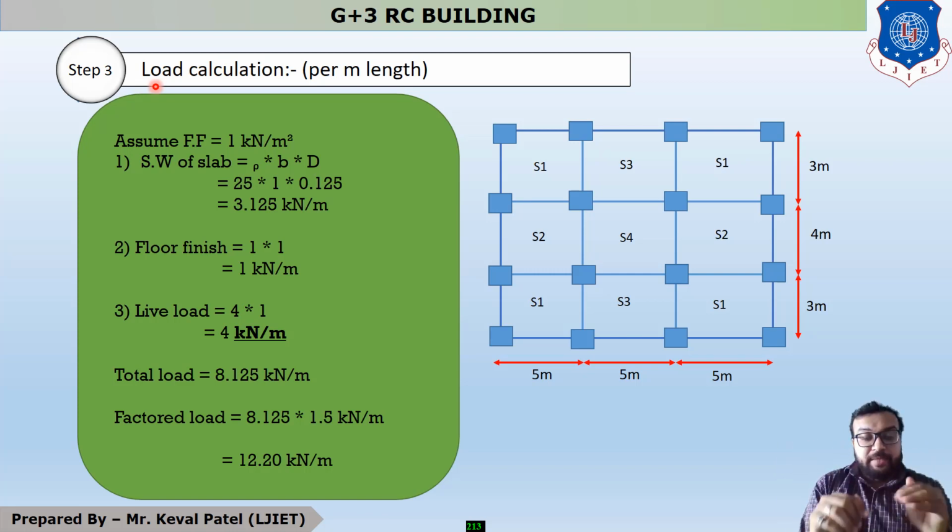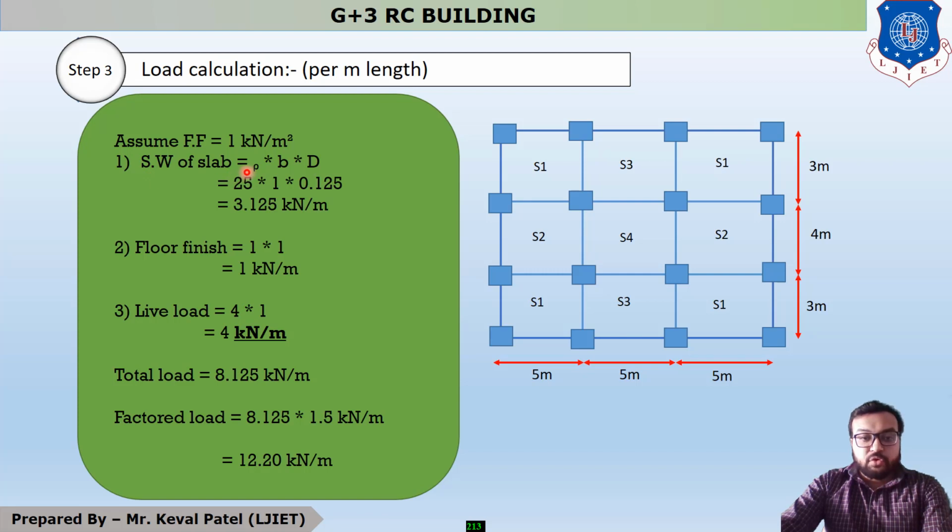No point load is considered if there is no special clarification. Okay. So whenever the value of floor finish is not given, then it is assumed as 1 kilonewton per meter square.